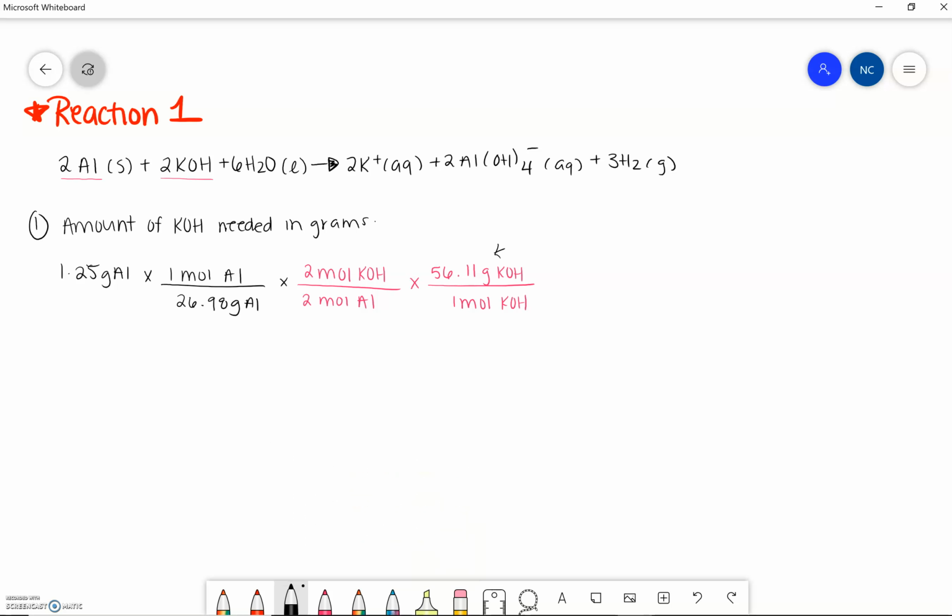This value is what you would calculate from the periodic table. You would add up the mass of potassium plus the mass of oxygen plus the mass of hydrogen, and you would get 56.11.